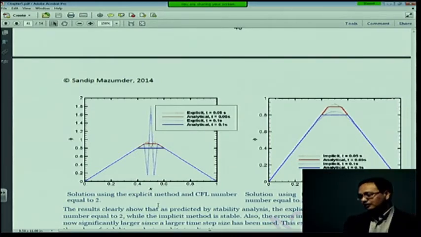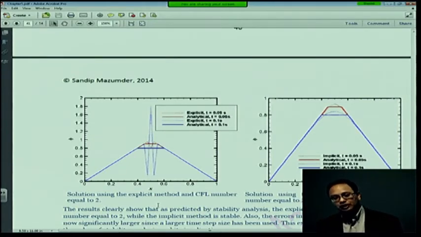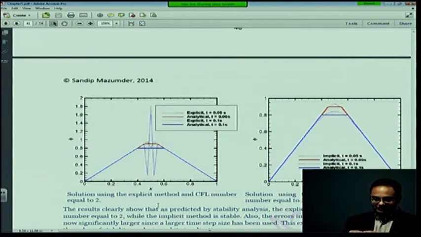So very similar to what you saw for the parabolic problems, where if you violate the stability criterion, for some period of time it may still stay stable, but eventually it will blow up. Any questions on that?